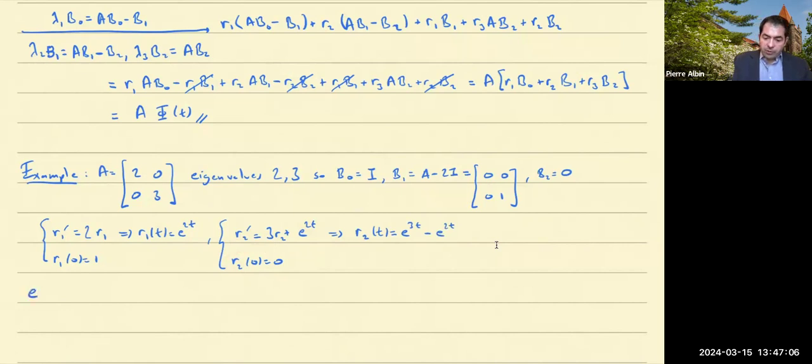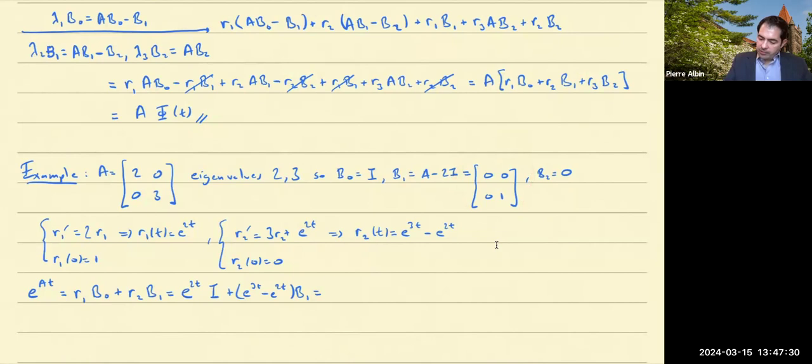So once we've found those, then we can write down the exponential. So R1 B0 plus R2 B1. So that would be e to the 2t times the identity matrix plus e to the 3t minus e to the 2t times B1, right, which we computed right here.